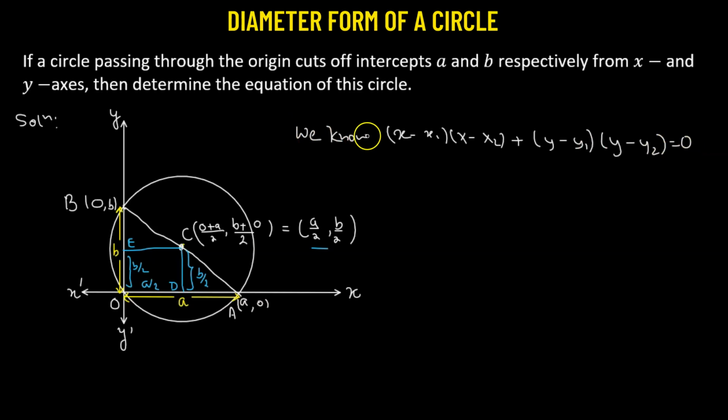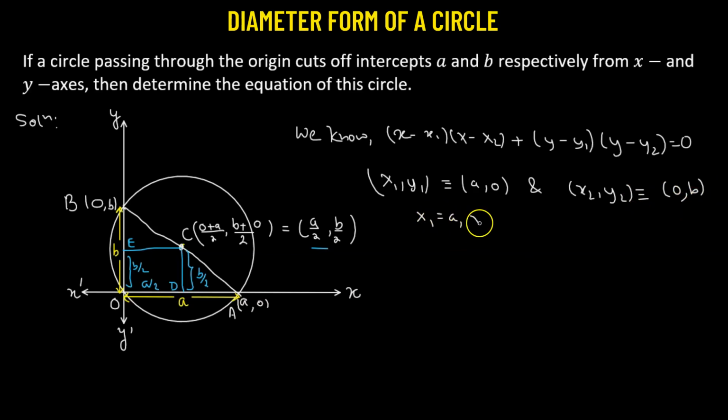In this equation, (x1, y1) is represented by the point (A, 0), and (x2, y2) is represented by the point (0, B), which means x1 is A, y1 is 0, x2 equals 0 and y2 equals B. Now we can substitute this back into our equation.